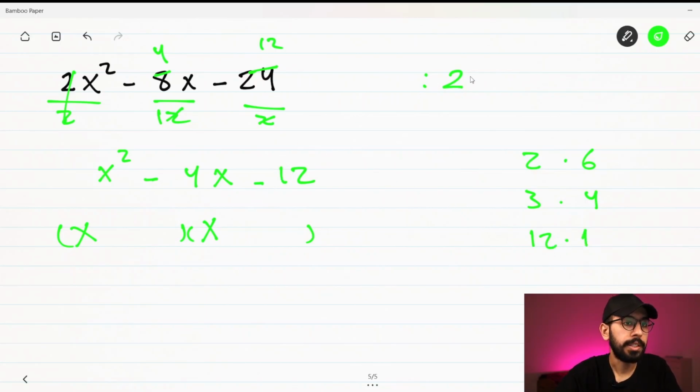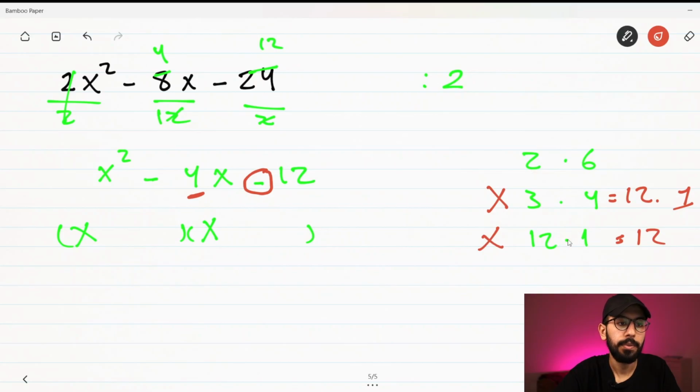But when they are subtracted from each other, we'll have 4. 4 and 3, this is not our result because 4 and 3 will give us 12, but when subtracted we will have 1. 12 and 1 is not the result because 12 when multiplied and 11 when subtracted. So it's maybe 2 and 6, because when multiplied we will have a result of 12, and when subtracted the result will be 4. So this is our result here.